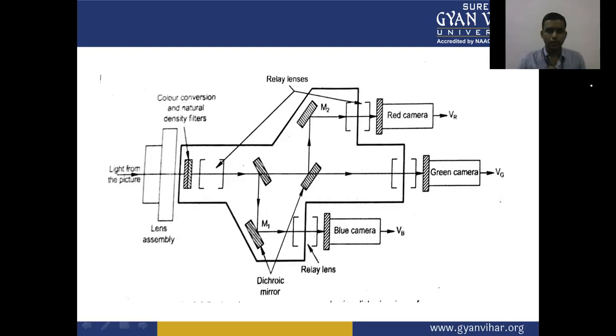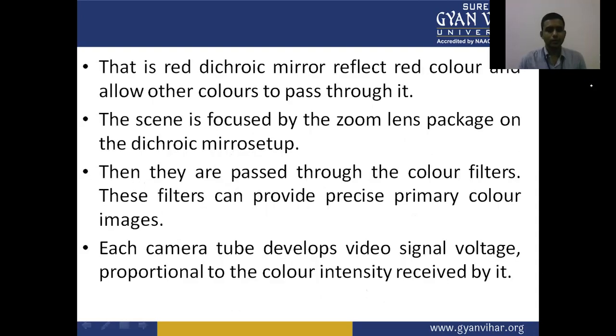So red, green, blue, these three voltages are developed through the three mirrors. That is, the red dichroic mirror reflects the red color and allows other colors to pass through it.